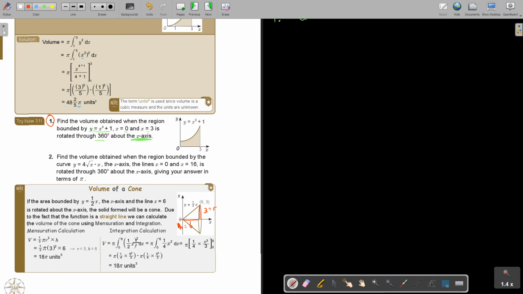But if I do the integration, like I showed you there, then it's between 6 and 0, okay? There's my formula, remember? So I must say pi, okay, pi, and I must square the formula. That's what I did. And then I integrate, okay?